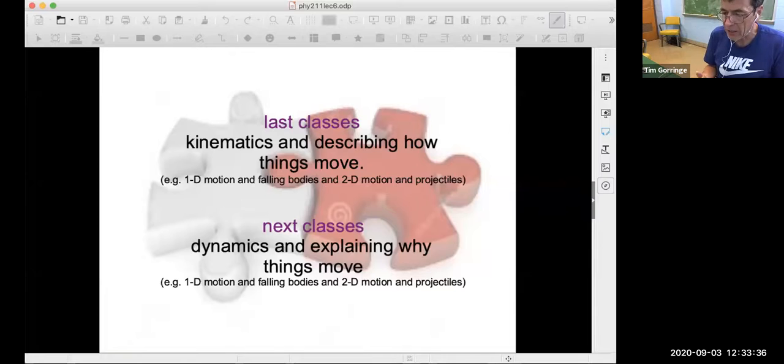So in kinematics, we looked at falling bodies and projectiles as examples of one-dimensional and two-dimensional motion, and we learned how to describe that motion. In dynamics, we're going to look at, again, falling bodies and projectiles as examples of one- and two-dimensional motion, but we're going to explain more deeply that motion. So that's the overall theme of the next few lectures.